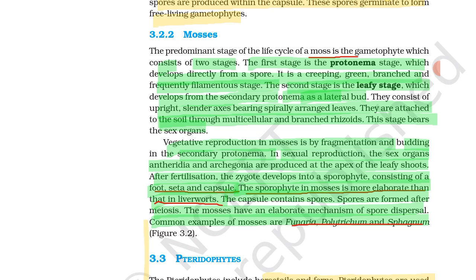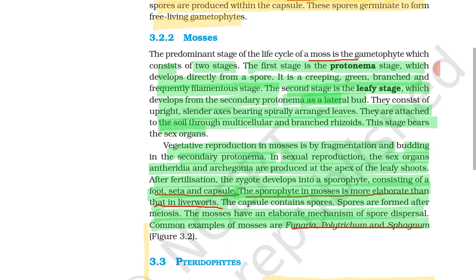The capsule contains spores. Spores are formed after meiosis. This is the most important line: mosses have an elaborate mechanism of spore dispersal.